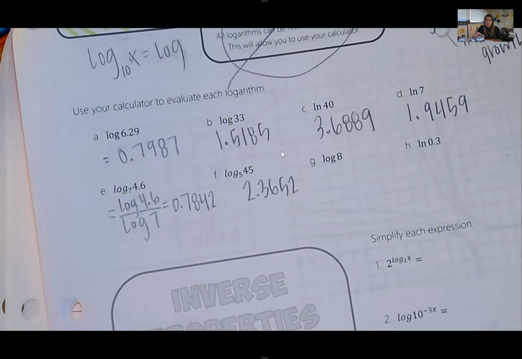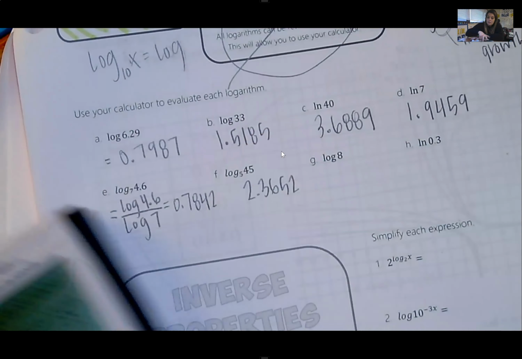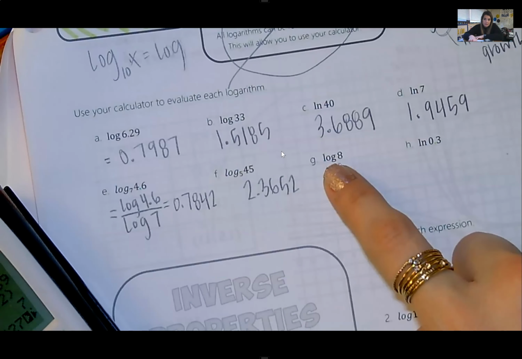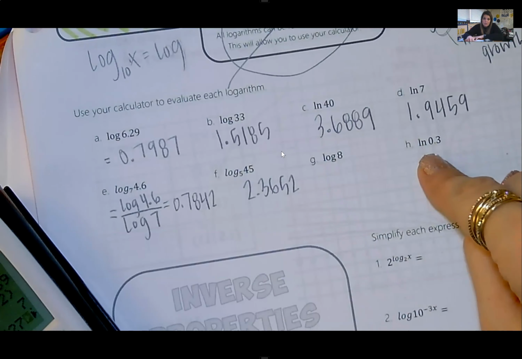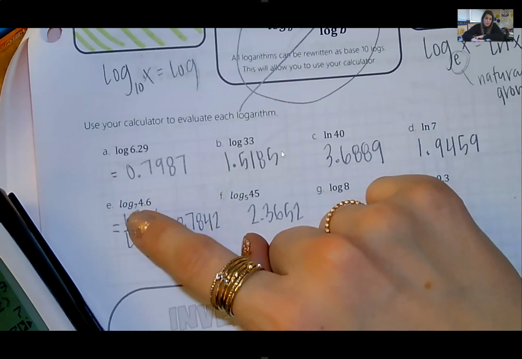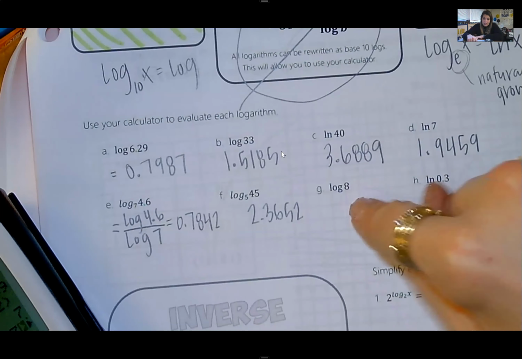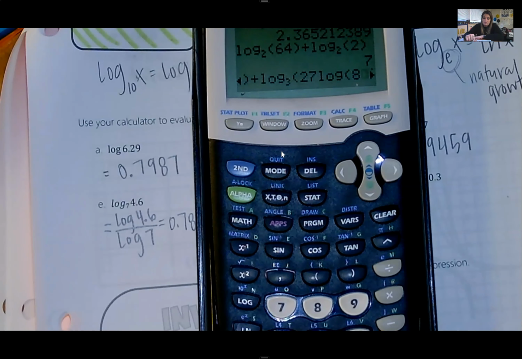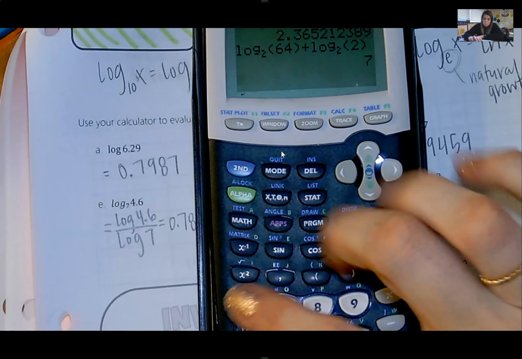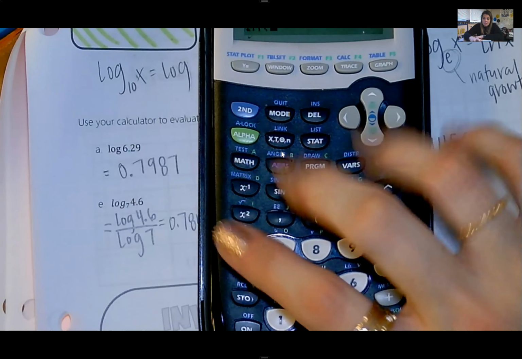To finish up the work for the day, don't forget you have a log button and you have a natural log button. You only need to do Math, up, up for the ones that have a different base. If it just says log, like log 8, you have a button for it. If it says ln, like natural log 0.3, you have a button for that.